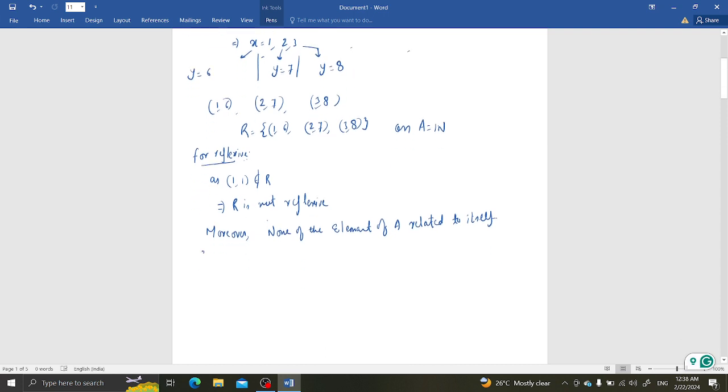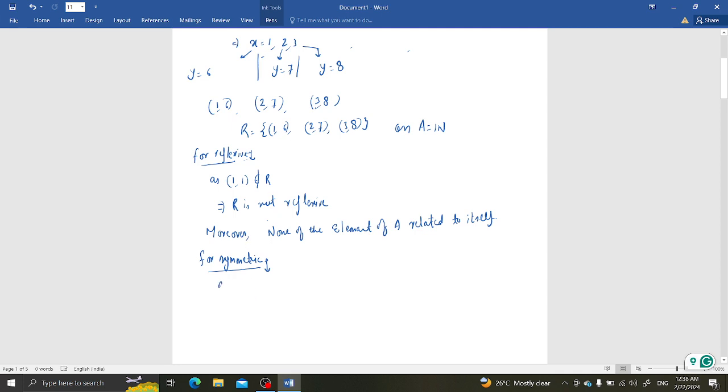Now for symmetric, what do we need to check? If (a, b) is there, then (b, a) has to be there.